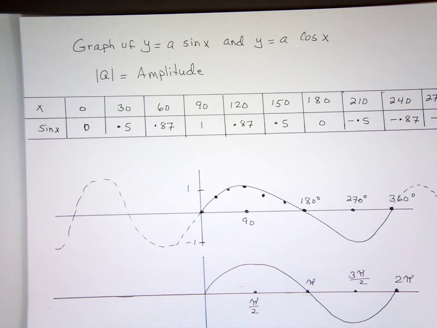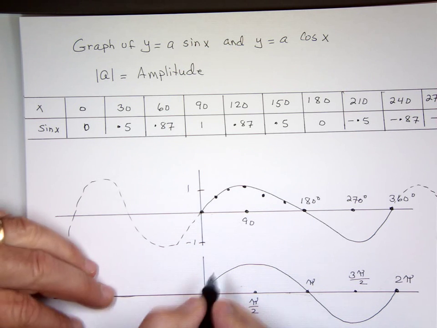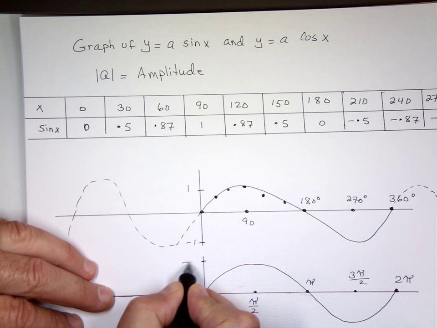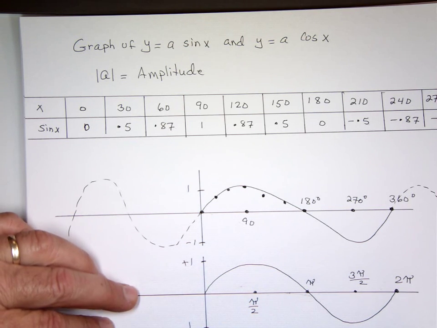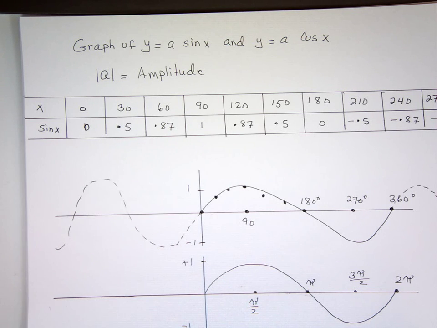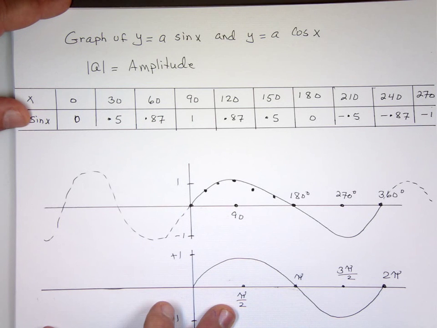Again, it repeats itself again and again and again. And the y value, that's your range, goes from -1 all the way to 1. That's what the range looks like.